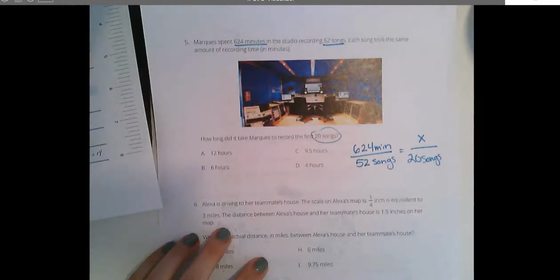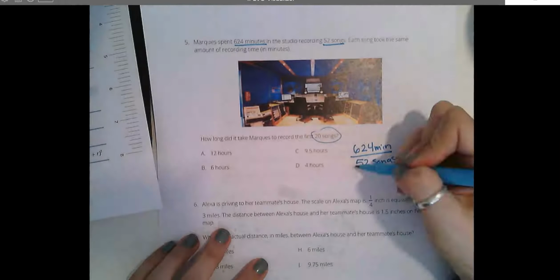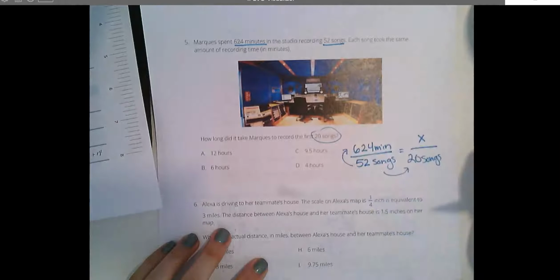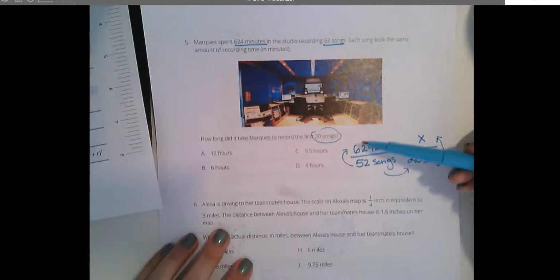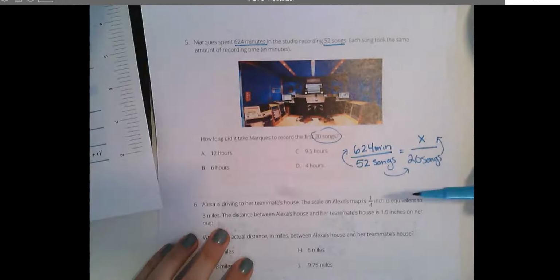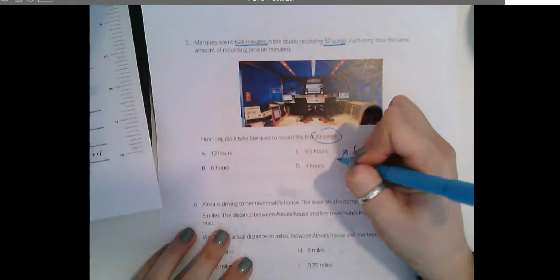Okay, looking side to side, I don't immediately see a scale factor to get me from 52 to 20. Looking up and down, and I'm looking from 52 to 624 because I want to always be going towards my unknown, I don't know that one either. So, I'm going to make life easier for myself by simplifying this, and then maybe I'll get to a point where I can recognize the relationship a little more easily.